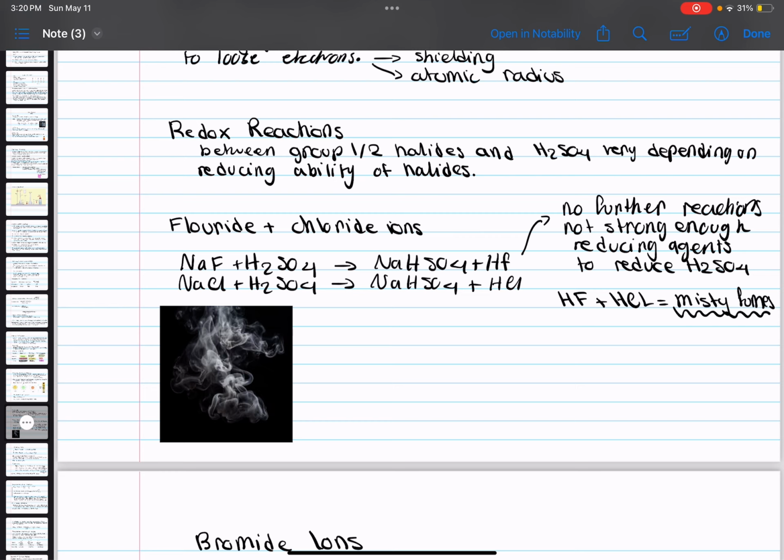For fluoride and chloride ions, NaF plus H2SO4 gives NaHSO4 plus HF, or if you use Cl, it gives HCl. There is no further reaction because they're not strong enough reducing agents to reduce H2SO4.